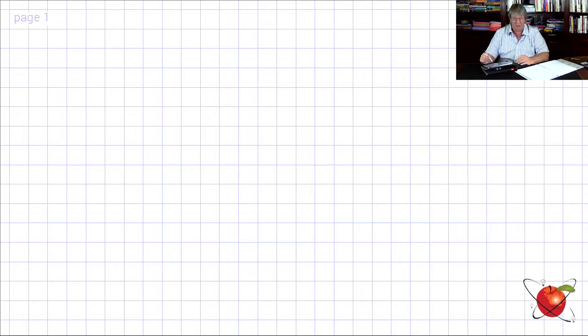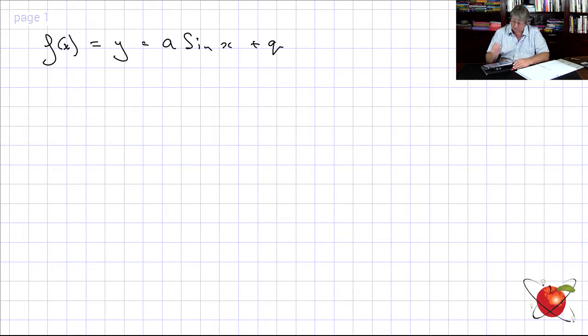As you know, where we were last was the standard form. We had either f of x in function format or in equation format equal to a times sine of x plus q.